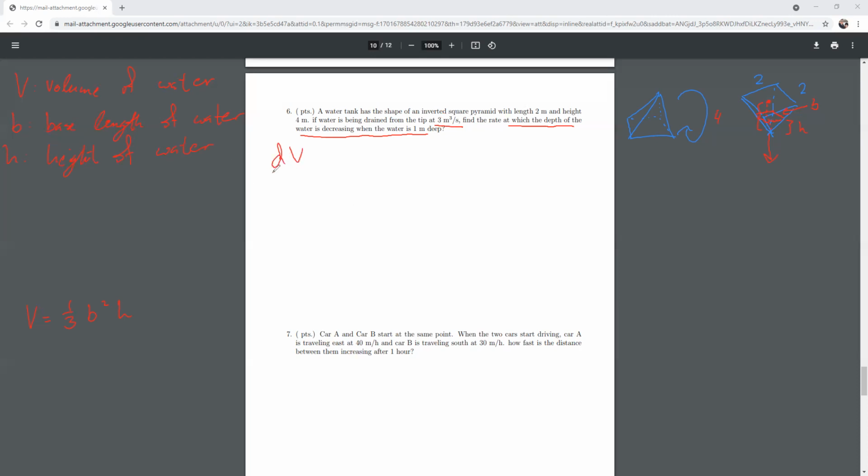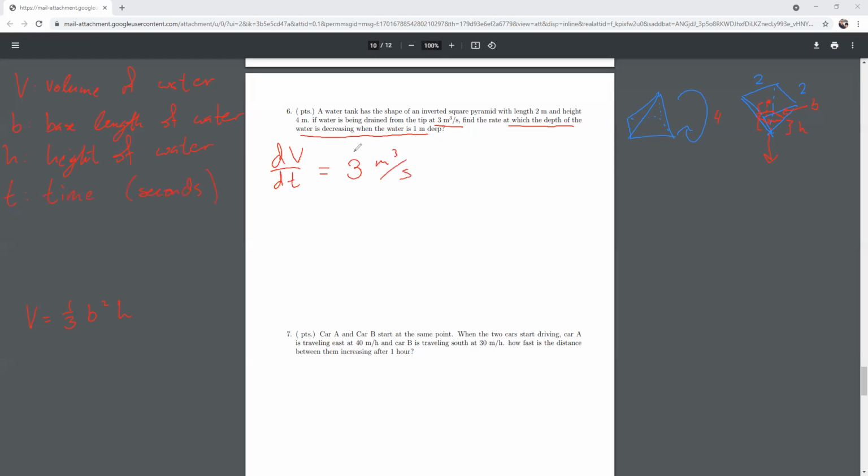So dV with respect to time. The reason it's with respect to time is because we can look at this unit right here. It's per second. So that's time, right? Okay. So dV/dt is equal to, I'm going to say, 3 meters cubed per second.